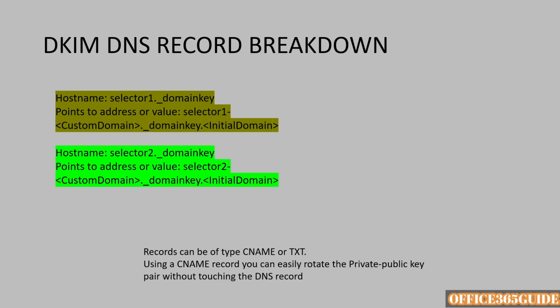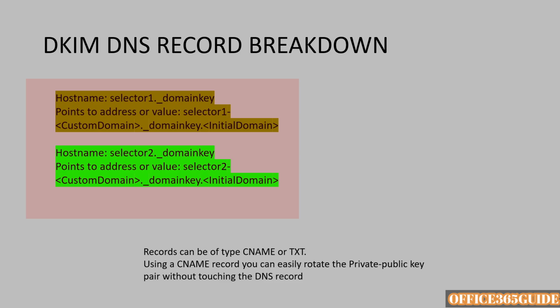Now, let's talk about these host names. So there are two DNS records that Microsoft 365 gives us for updating to the DNS server. However, only one of them is valid or active at a time, usually the first one.